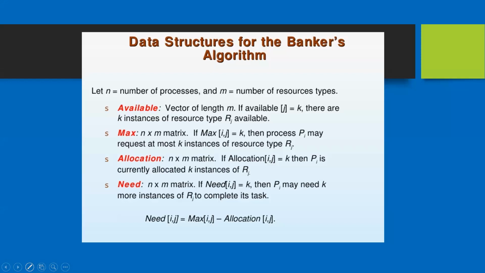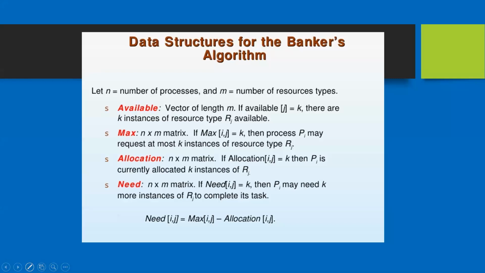What does it mean? Look, available[j] equal to k means there are k instances of that resource type available. That means k instances are available. Suppose there are only 5 instances present, and the allocation is done based on the number of instances.